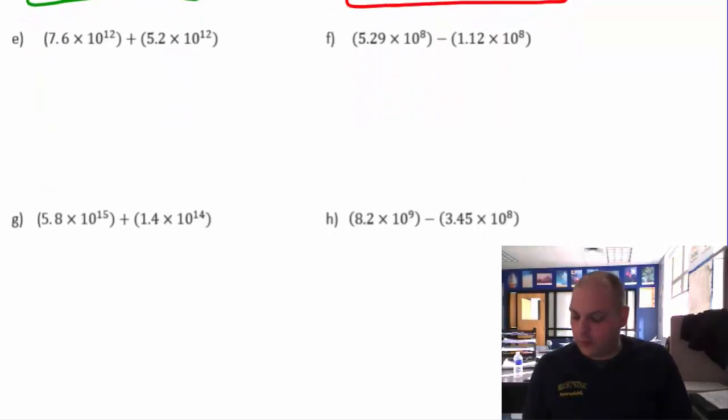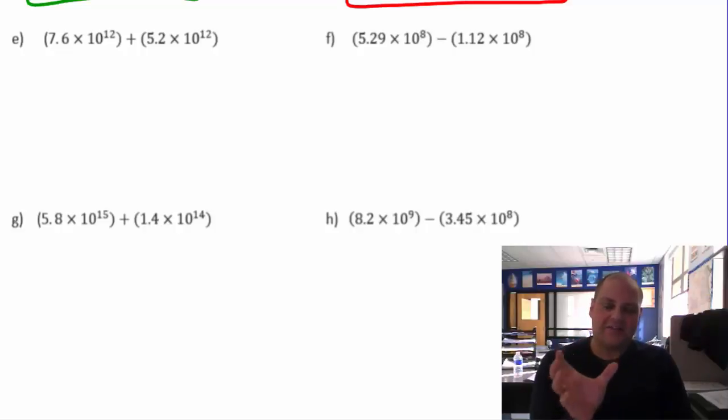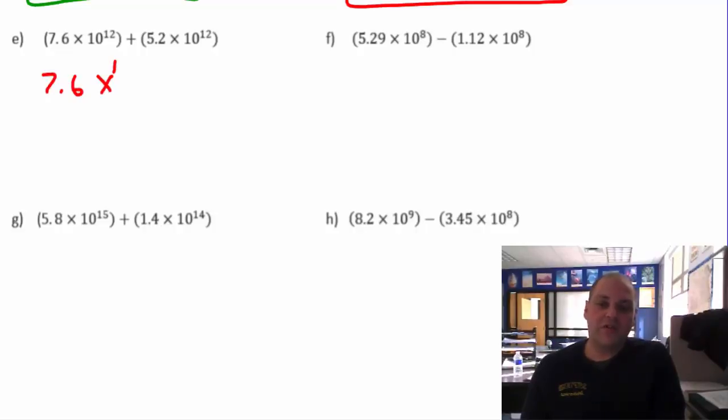Now, for adding and subtracting, you have to be more careful here. You have to have the same exponent on the 10 in order to add, just like you have to have like terms. So you could think of this like 7.6x to the 12th plus 5.2x to the 12th.